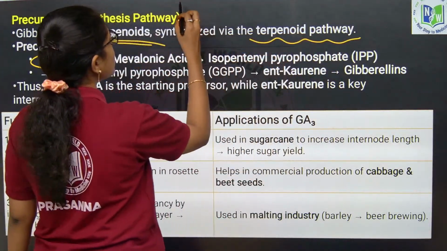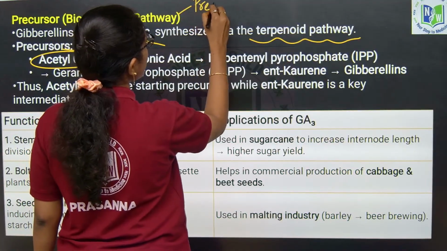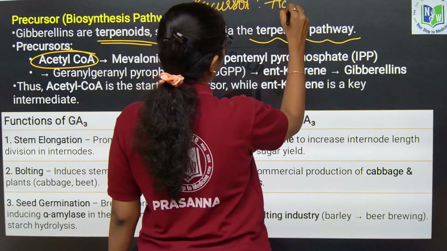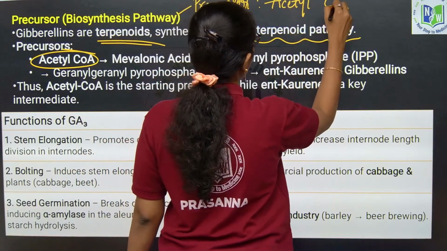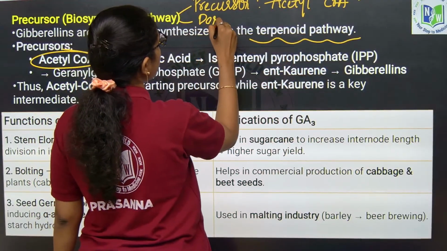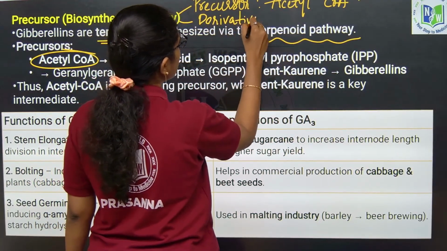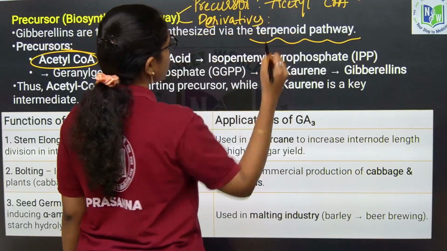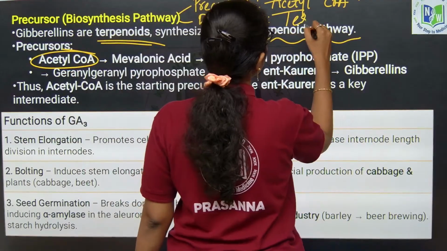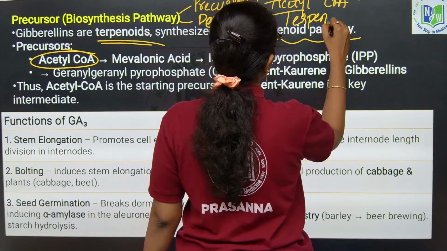So, what is the precursor? Precursor of gibberellic acid is acetyl-CoA, and derivatives include terpenoids.